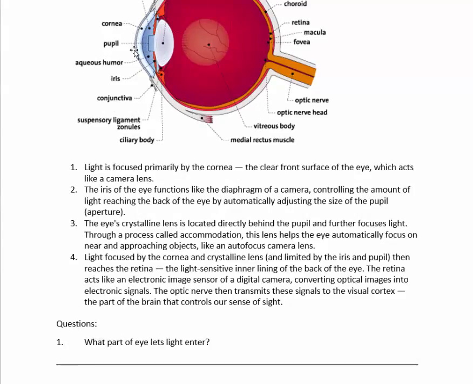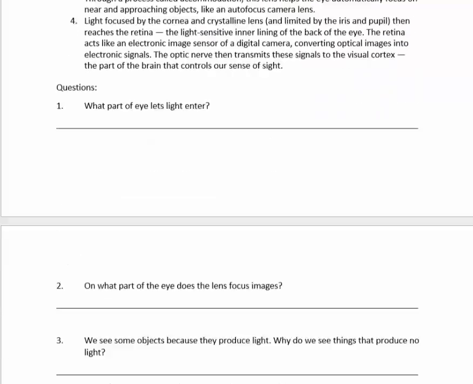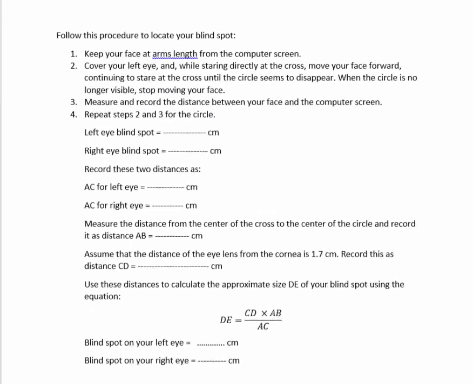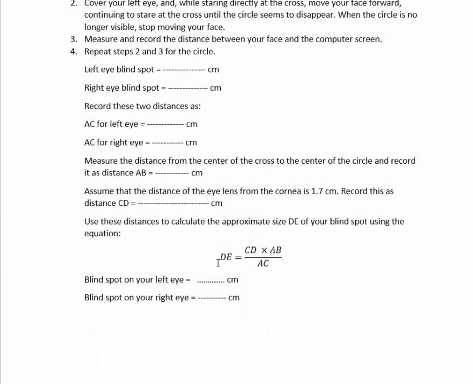That's the cornea and that's the eye lens. That's roughly 1.7 centimeter. Now use all these measured distances to calculate your blind spot as DE equal to CD multiplied by AB divided by AC. All right. Do this two or three times and take the average measure of DE. Okay.